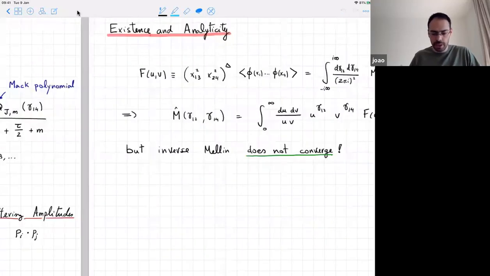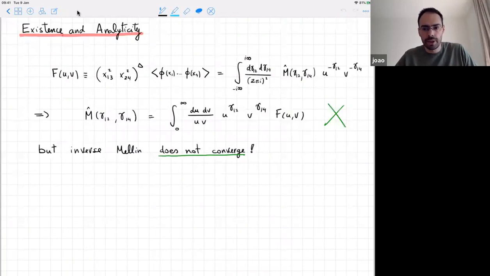But if you really ask concretely, I give you a 4-point function, what is a non-perturbative 4-point function of a CFT? What is the Mellin amplitude?